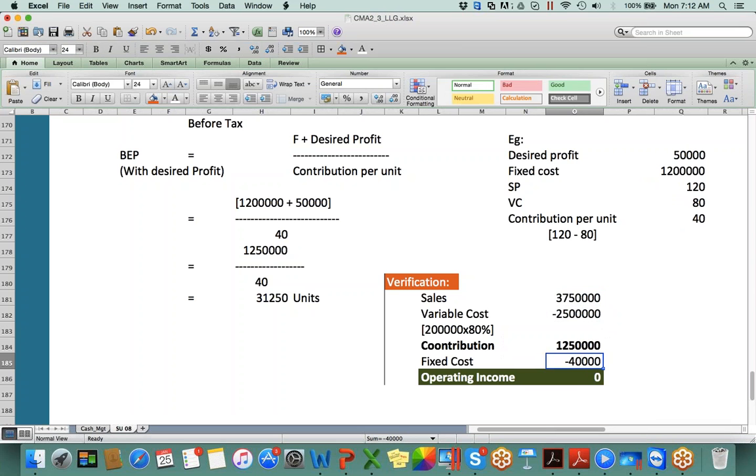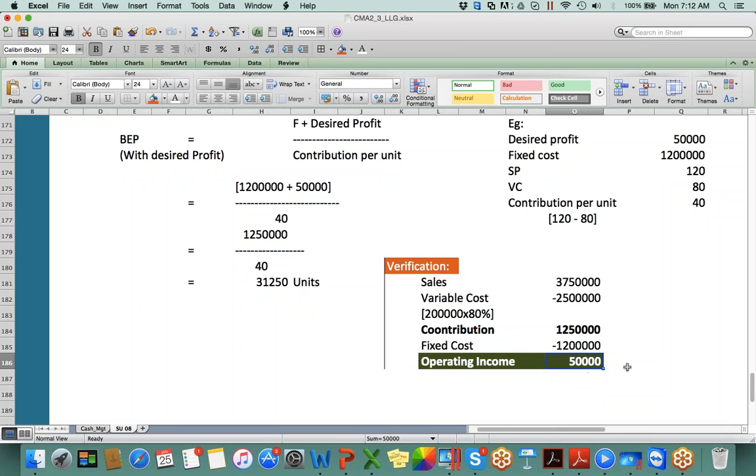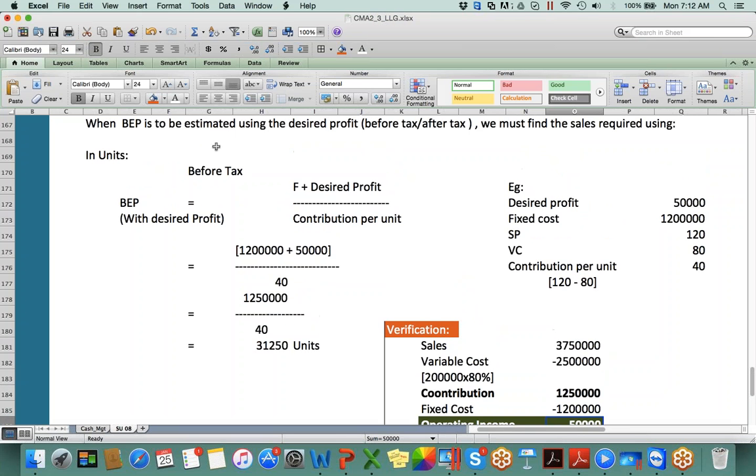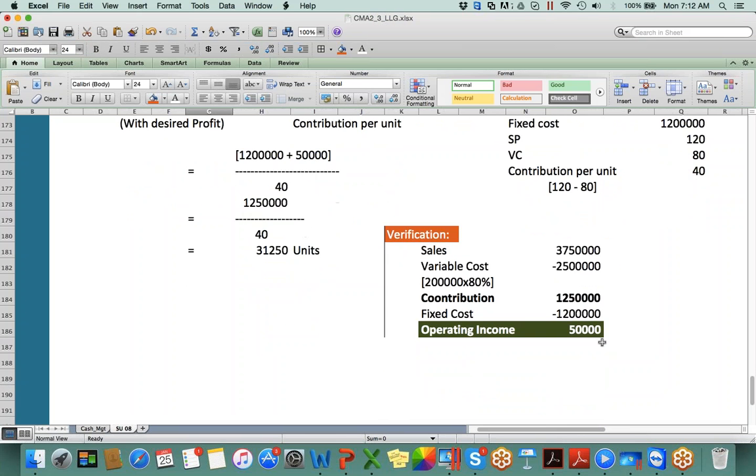Let's deduct your fixed cost, that is 1,200,000. Yes, we got an operating income of 50,000. Clear? So before tax income of 50,000.